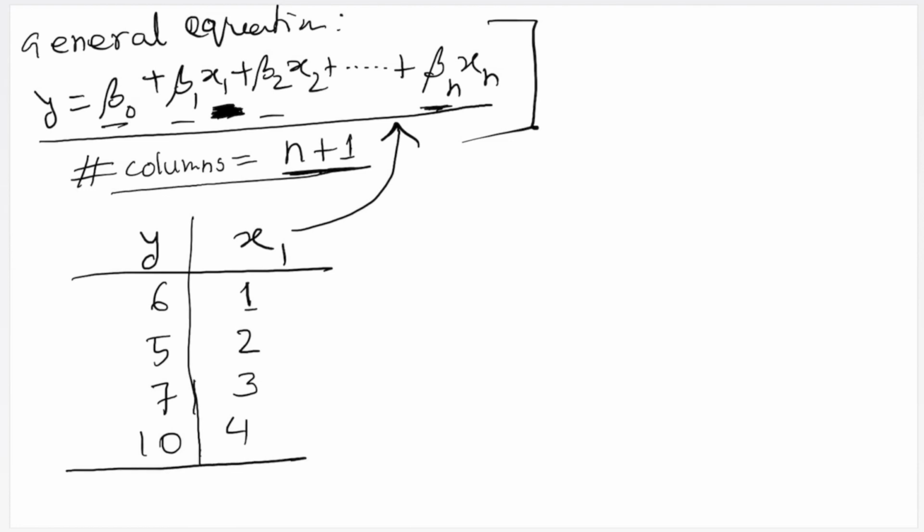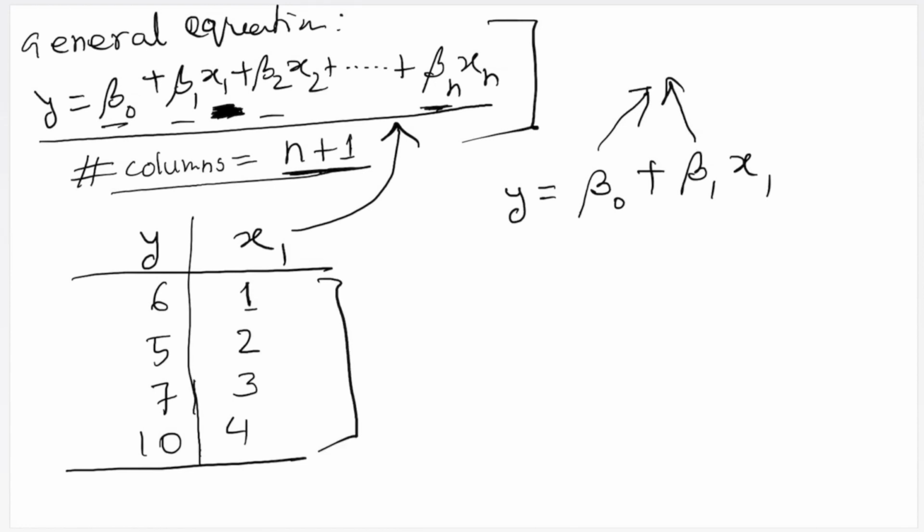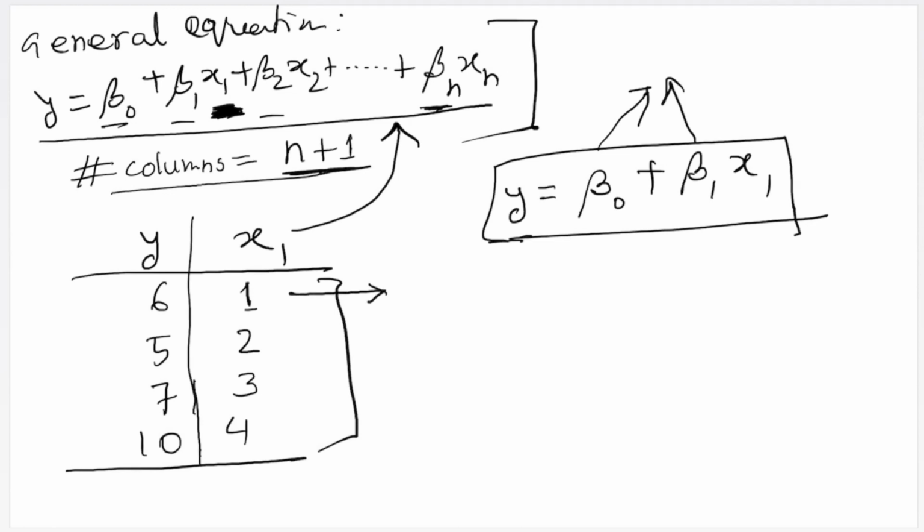Now for this data, obviously the equation would look something like this: y equals beta naught plus beta 1 x1, and our objective here is to find out these two variables from all these 4 items. Now, if we are going to build this linear model, then we have to come up with equations for each of these rows.